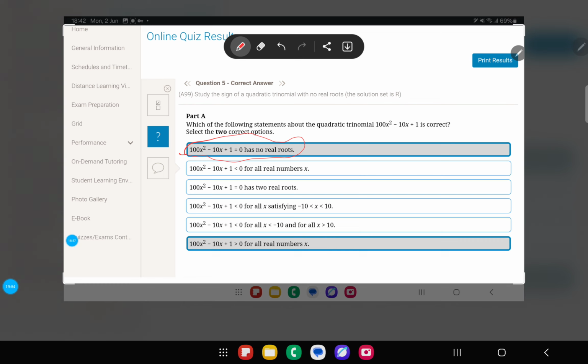Because when it's less than 0, it's negative, which means it's complex, no real roots, no real number. But when it's greater than 0, which means it's positive, it's for all real numbers x. Okay? So for all real numbers, it's correct.